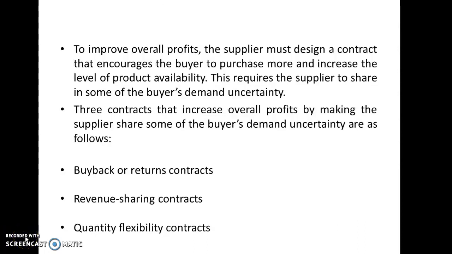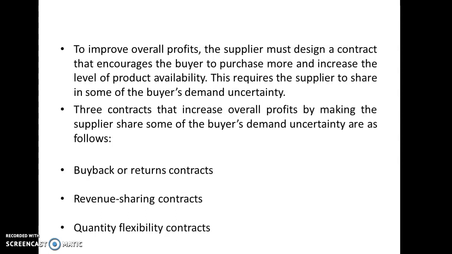To improve overall profits, the supplier must design a contract that encourages the buyer to purchase more and increase the level of product availability. This requires the supplier to share in some of the buyer's demand uncertainty.